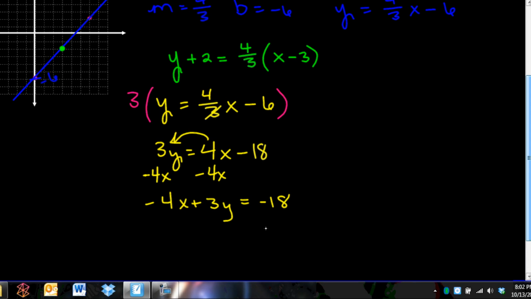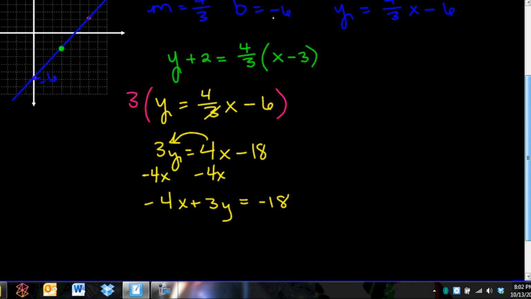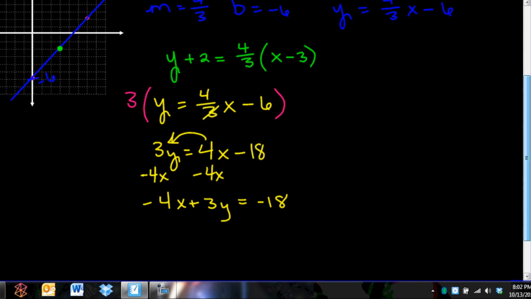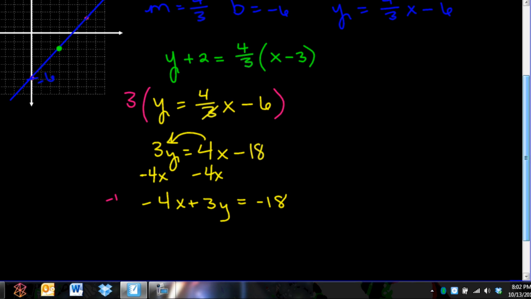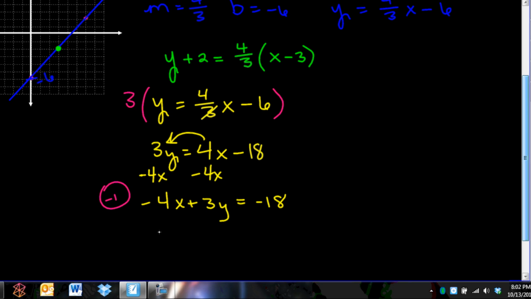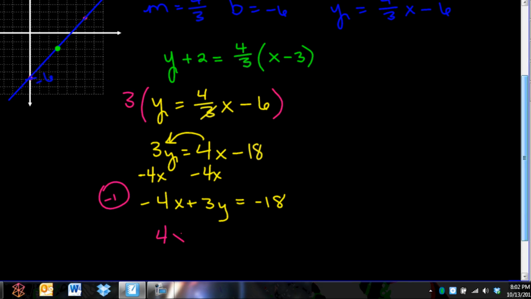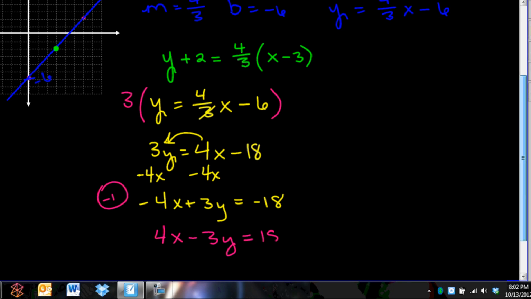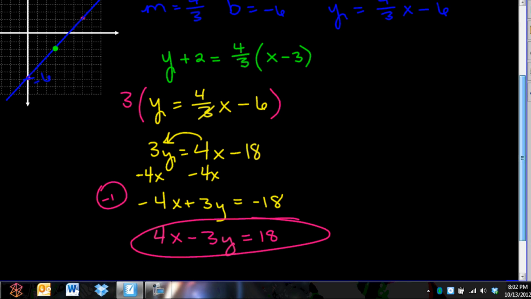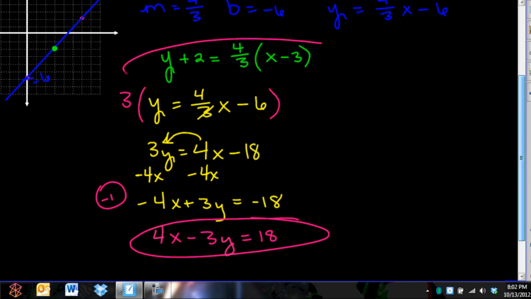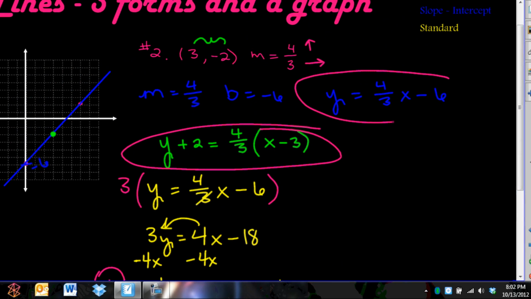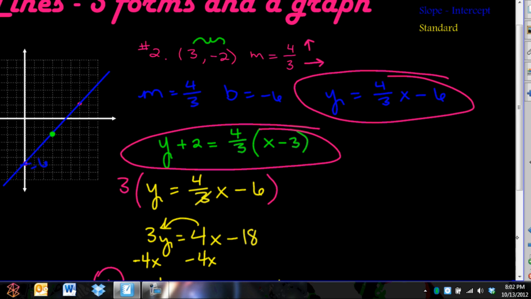Now since the signs are all the wrong sign, because I can't have that negative in front of the 4x, I'm going to multiply everything times negative 1, or flip everybody's sign. So I get 4x minus 3y equals a positive 18. And there's standard form, point-slope form, and slope-intercept form.